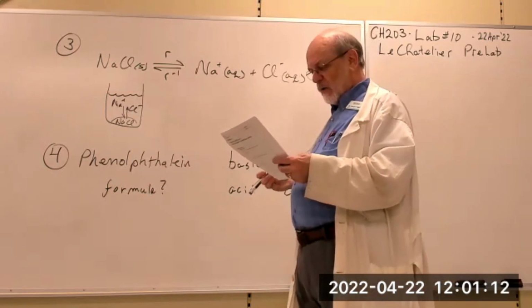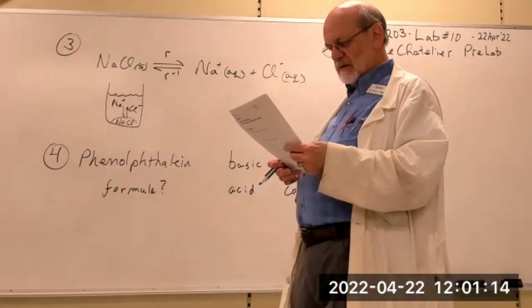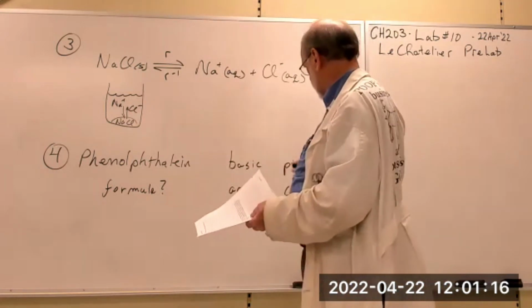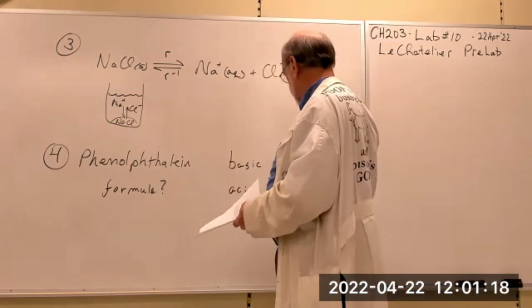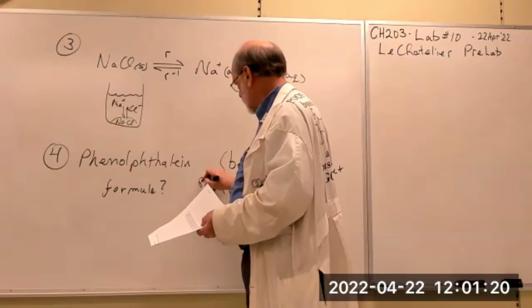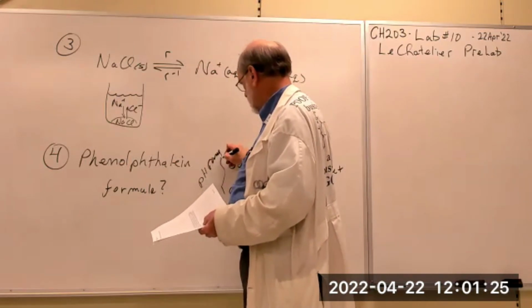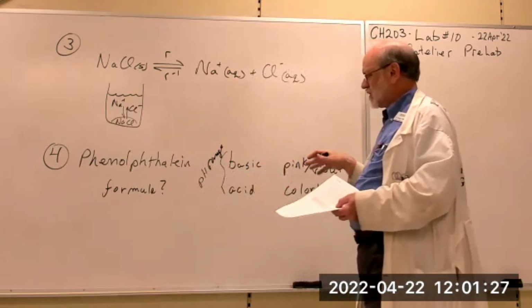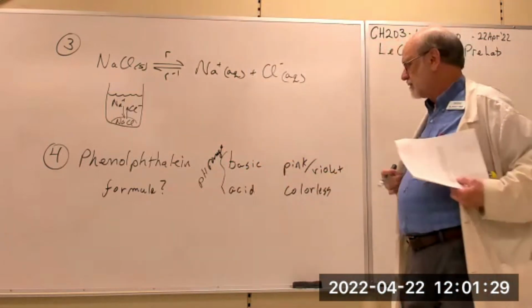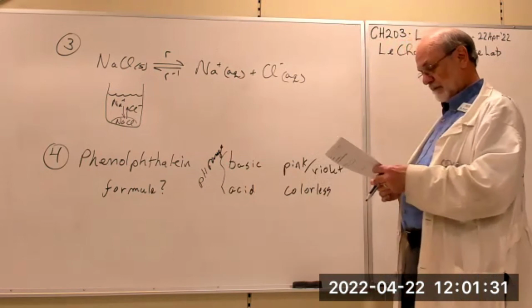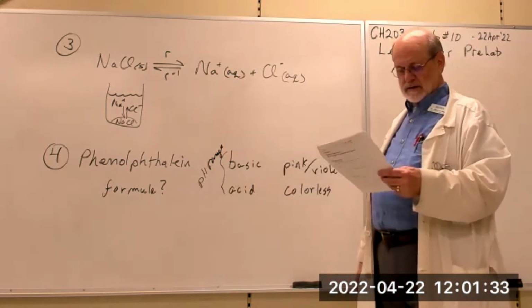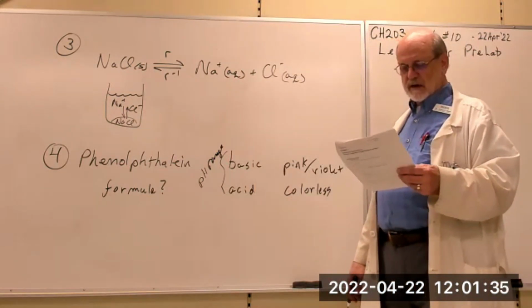And what pH range gives you a change from this one to this one? So you want to know the pH range. Where does it start to change and where does it end? And you can get that. It's okay. You can go to Wikipedia and get that one.